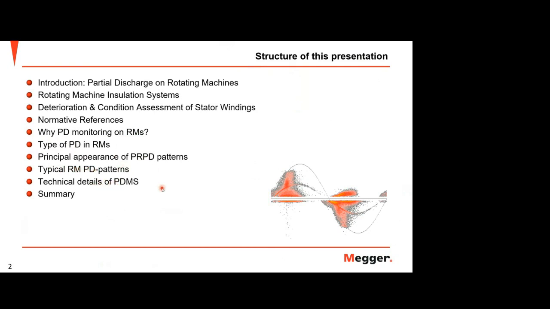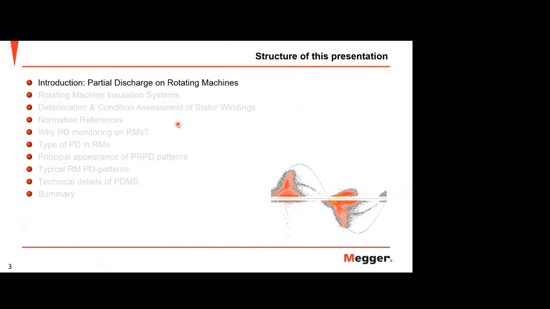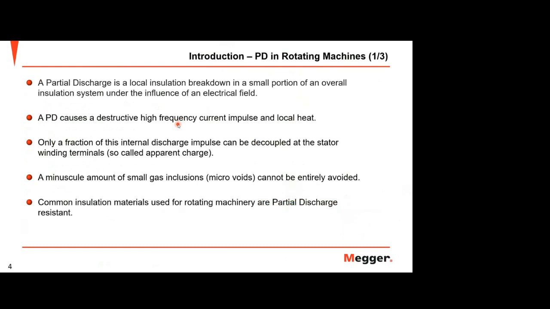At the end, I will explain the technical detail of the partial discharge measurement monitoring system as the main instrument to be used for this assessment, and summarize all information that I talked about on today's webinar. Okay, let's move to the first topic, introduction of partial discharge on the rotating machine.